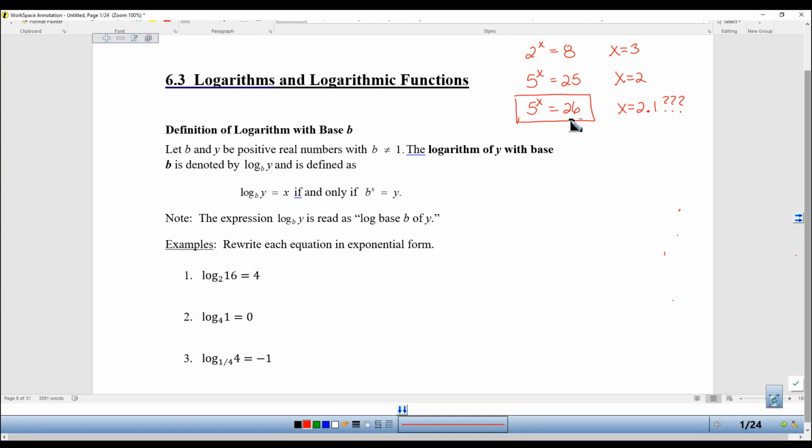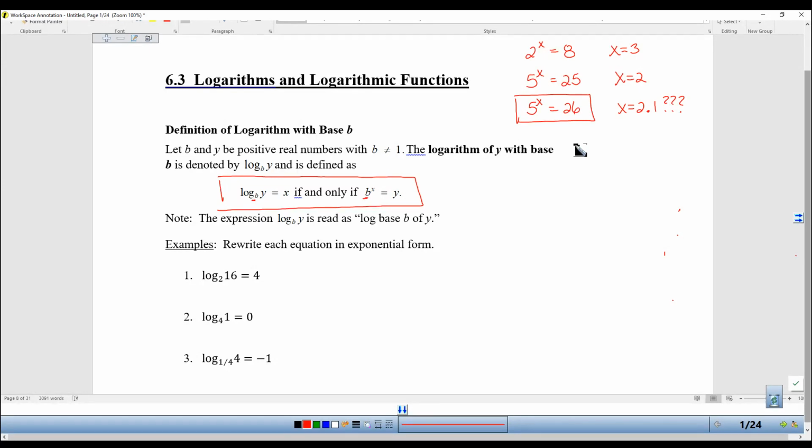Logarithms are just a way of rewriting this backwards and giving it its own notation. So, this is the rule that you need to know to convert from an exponential form to a logarithmic form. This is pronounced log base b of y is equal to x. This is pronounced b to the x is equal to y. But we still know that this is the base and this is the base, so they match each other.